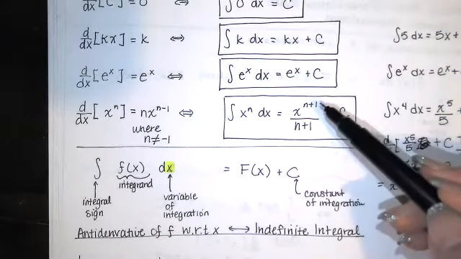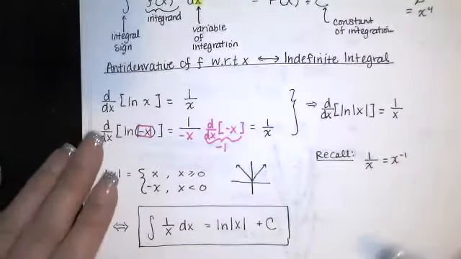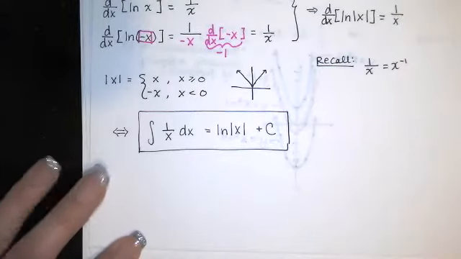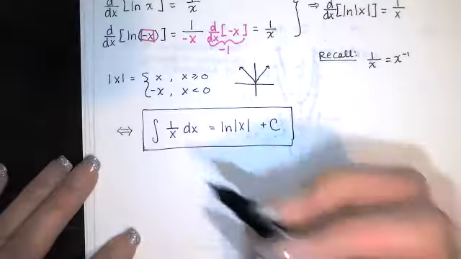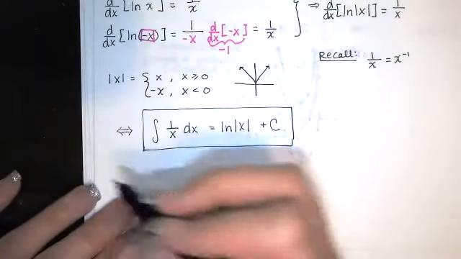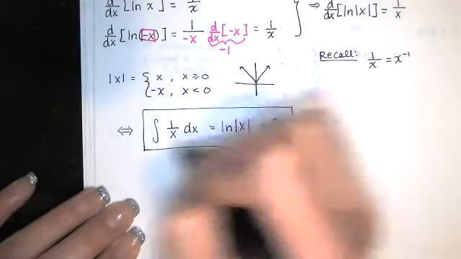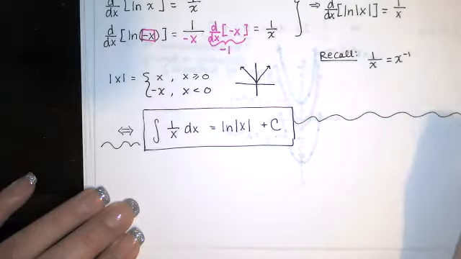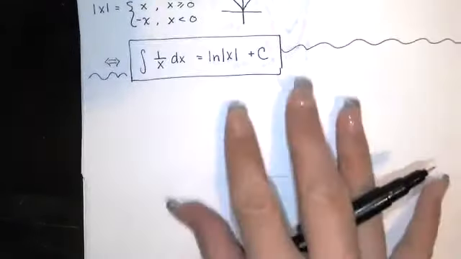We add 1 to the exponent and we divide by the new exponent. And the antiderivative of 1 over x is natural log of the absolute value of x. Okay, so we've got 5 rules here. Let's look at some example problems. Oh, actually, let's do a few more rules first.